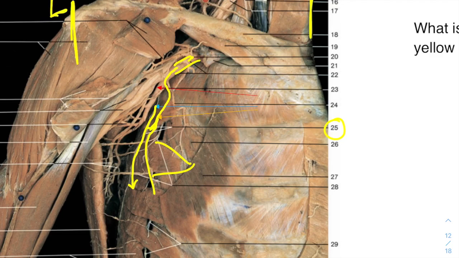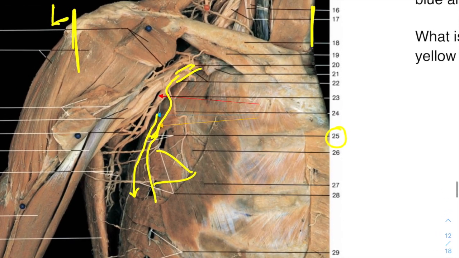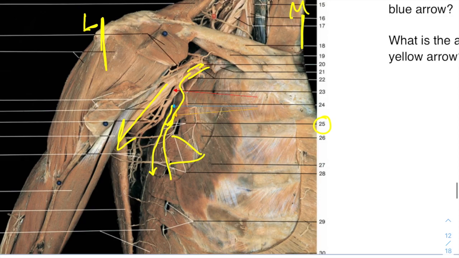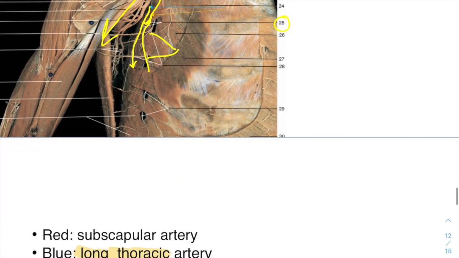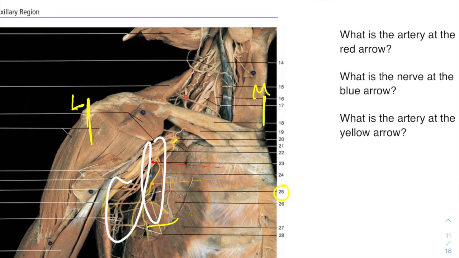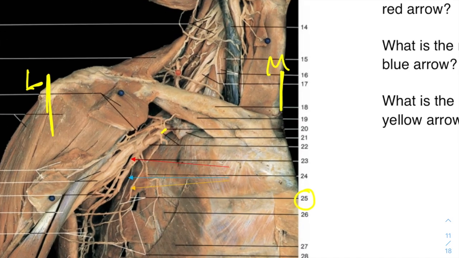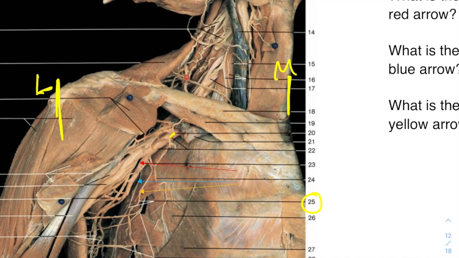So remember, this is lateral, and then this part is medial. So there's the lateral thoracic artery and the long thoracic nerve. You have to just say that a few times, and I promise you you'll get it. And I know that this was especially tricky, that's why I waited for it for the last.